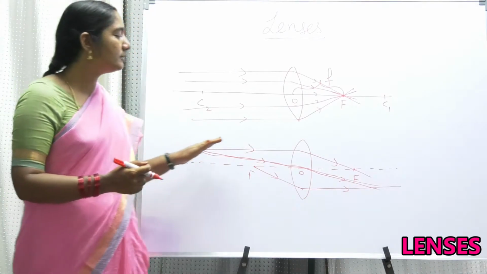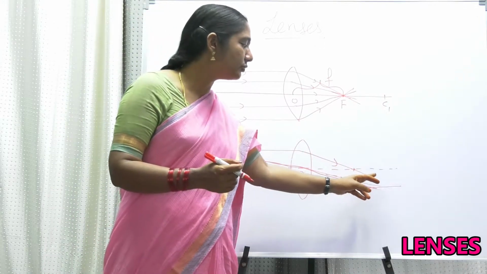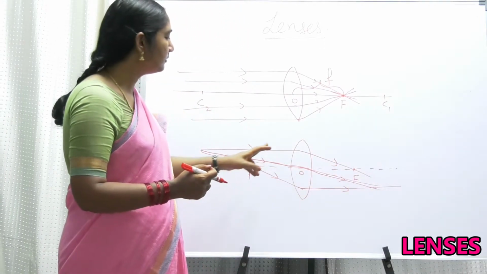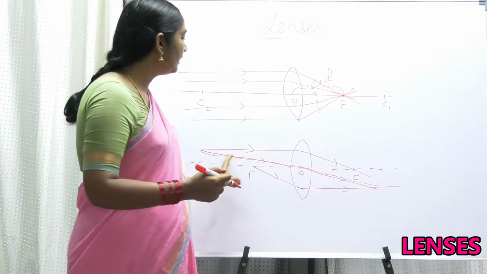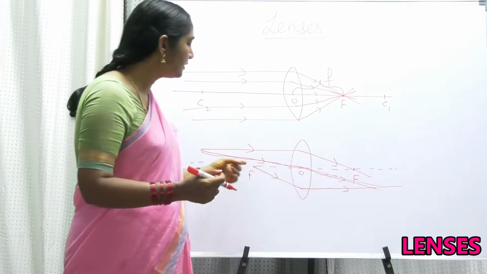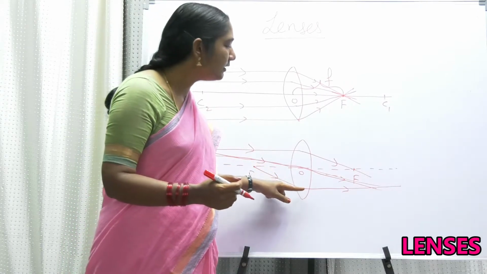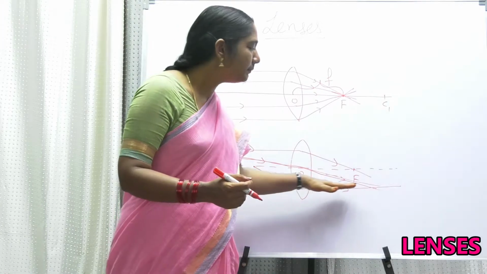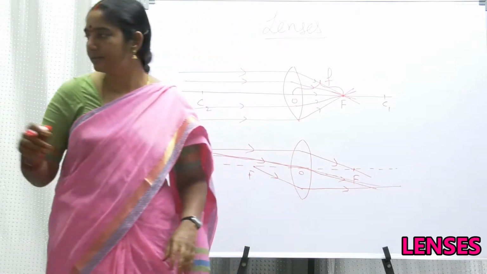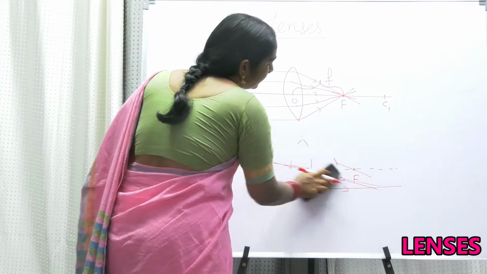Any ray which is going parallel to the principal axis, after refraction, passes through the principal focus. The ray which is passing through the optical center without any deviation goes straight. The ray which is passing through the principal focus, after refraction, passes parallel to the principal axis. My dear friends, please try to understand the ray rules.